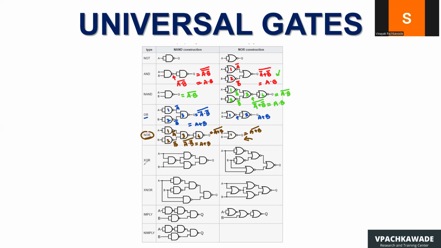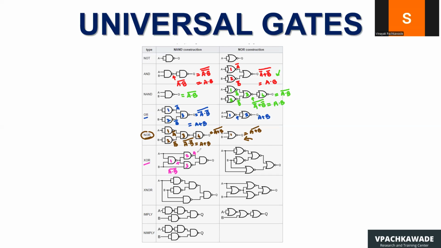How about implementing XOR logic using only NAND? So for that, you can see gate number 1, the inputs are A and B, and the output right over here would be A NAND B. And now A NAND B becomes input to gate number 2 and gate number 3.